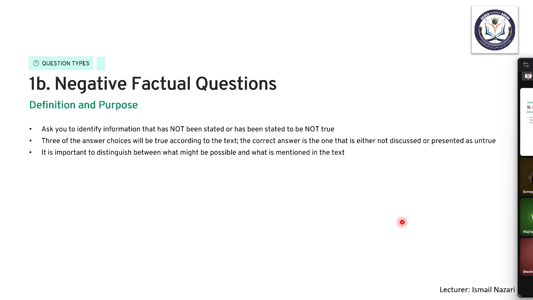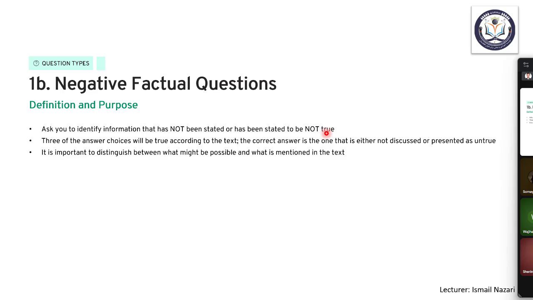The negative factual question asks us to identify information that has not been stated or has been stated to be not true. It means the negative factual question asks us to find the detail, the fact, the statistic, which is wrong according to the passage. Either it is not stated, or it is the opposite, or a manipulated answer choice.